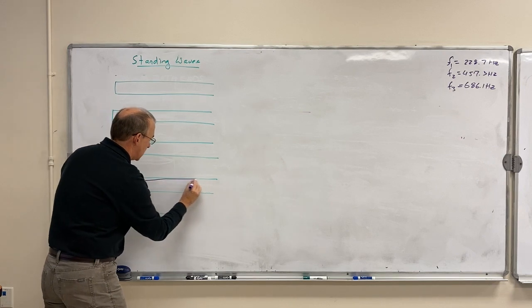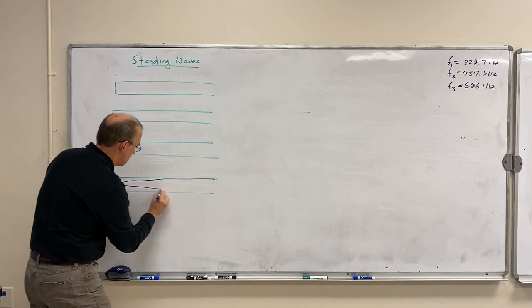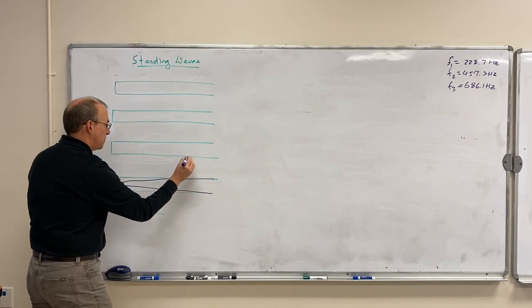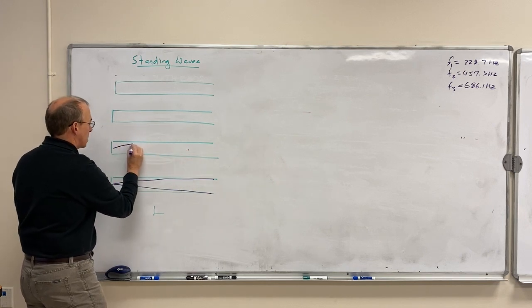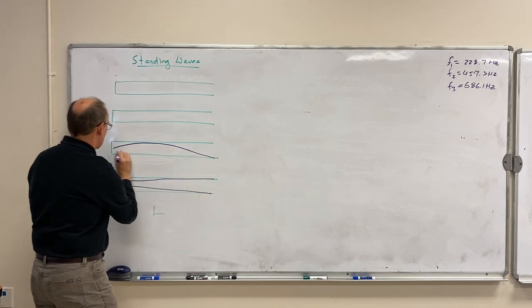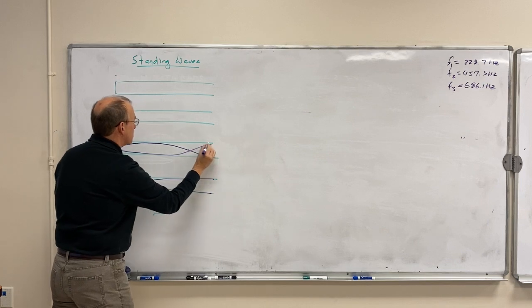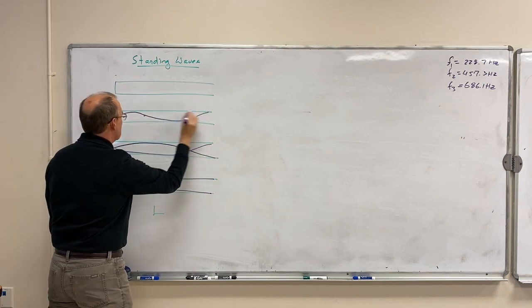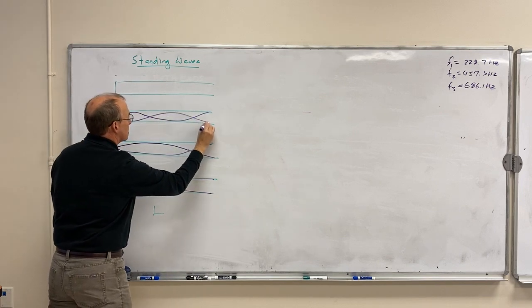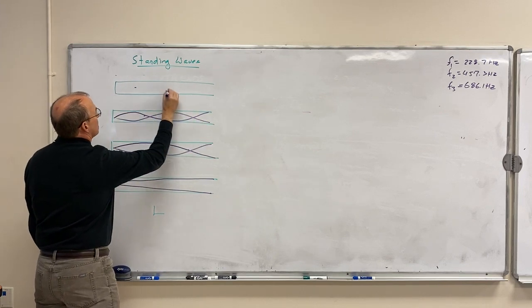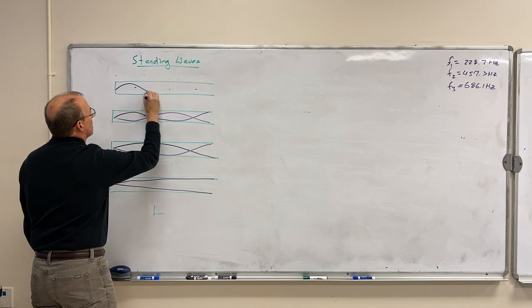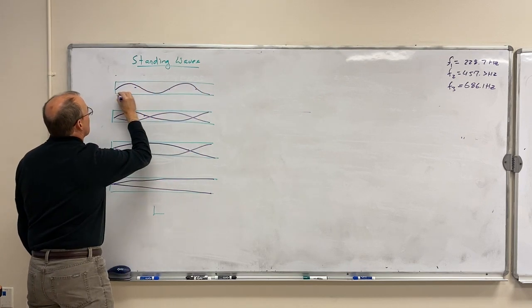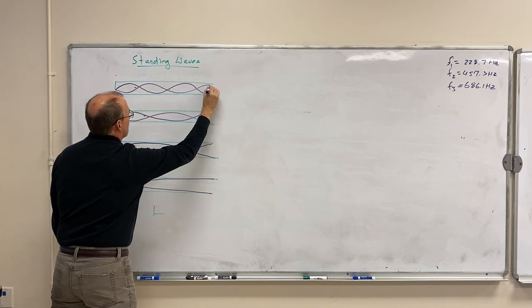So the first case looks like this. The next case looks like this. It's kind of like a fish. Next case looks like this. Etc.